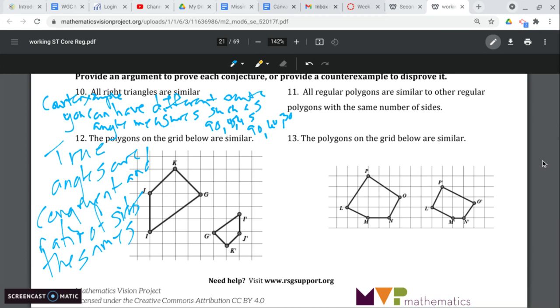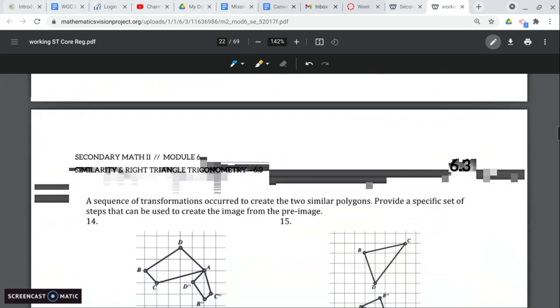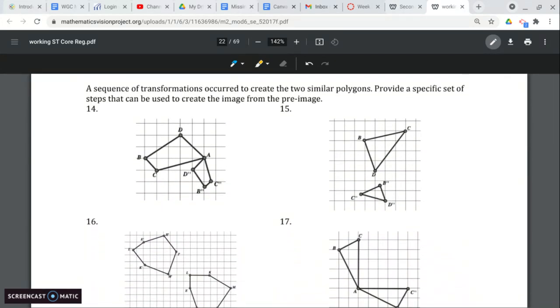All right. The next part we're looking at, a sequence of transformations occurred to create the two similar polygons. Provide a specific set of steps that we can use to create the image from the pre-image.